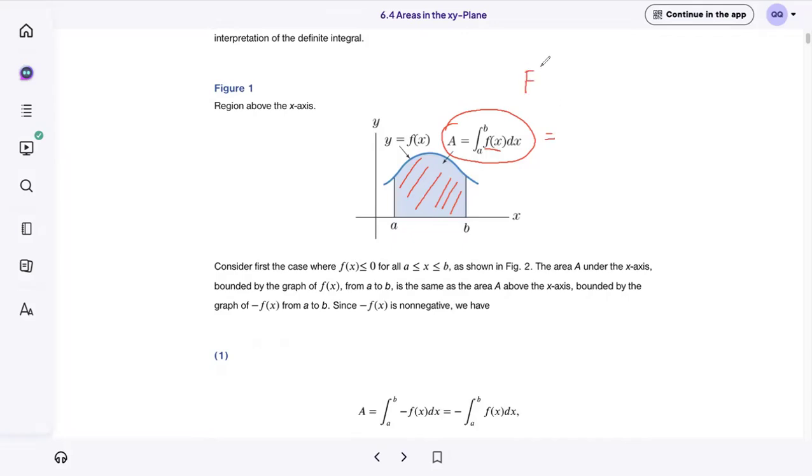So f is a derivative of capital letter F. So we anti-differentiate, get F of x. Then we evaluate at B. Then we subtract the evaluation at A. That's how we get the area under a function or under a curve.